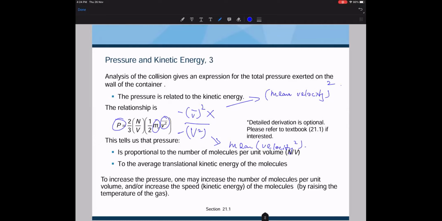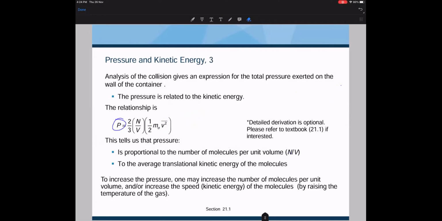And therefore, we would have here the mean of the square of velocity in the equation. Taking this aside, we could see that the pressure is related to the total number of gas molecules, inversely proportional to the volume. And it is also proportional to this value.